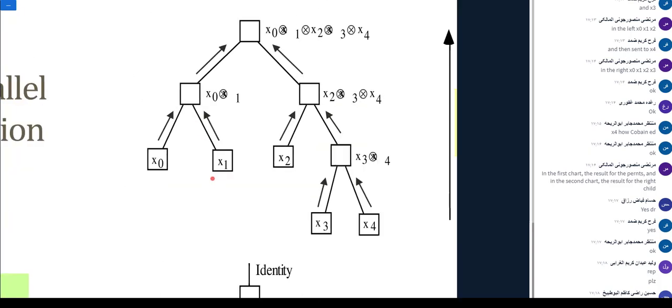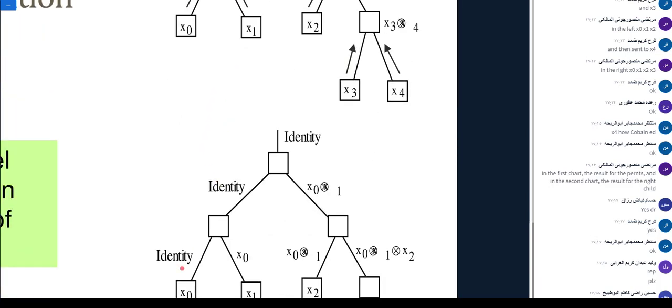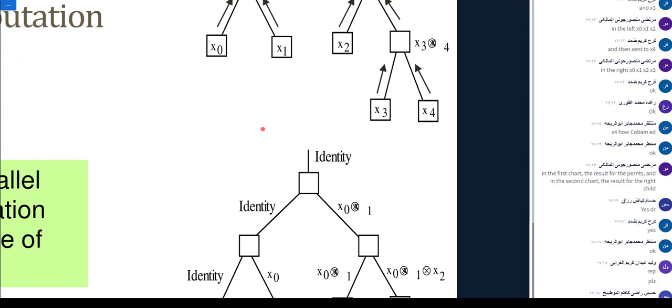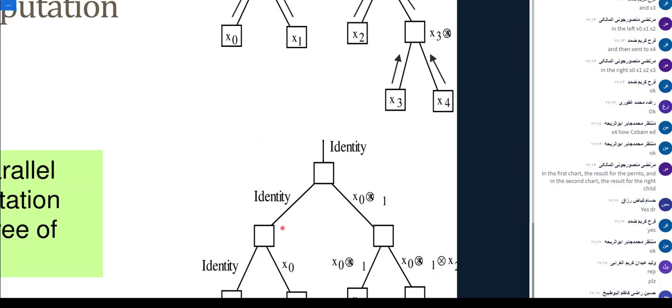What was the previous left? X0. I mean from the upward phase. The previous left X0 and I are combined and go to right: X0. Okay, it's finished. The left subtree is finished.